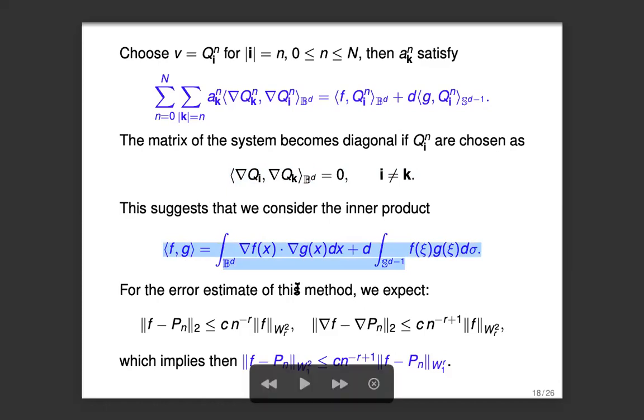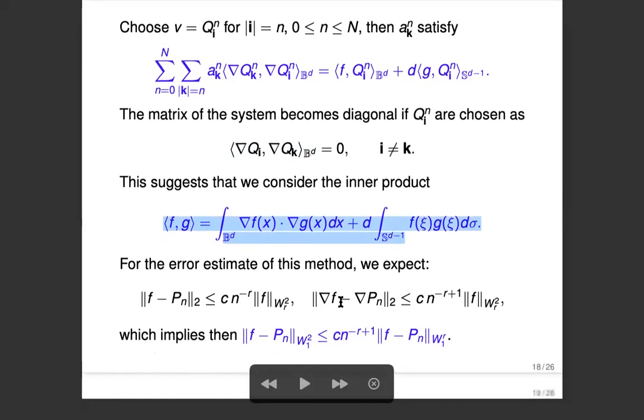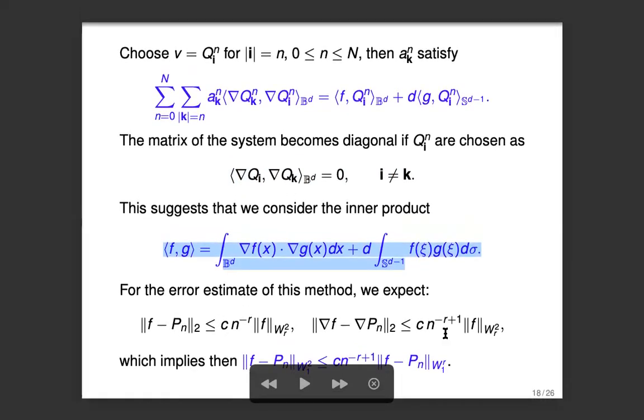For the error estimate, we expect something for this to hold in this Poisson form. We need only the first order derivative and function value. Combined, it gives you in the Sobolev form the H^1 norm to the 2 less than or equal to the H^r norm. So this is what we need. So let's see how this is going to work.